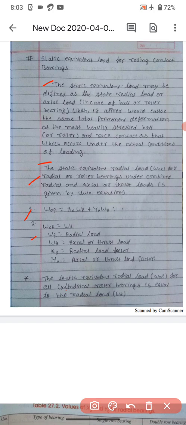And second, W naught R is equal to WR. Means you are going to equate the two equations, where WR is equal to radial load and WA is equal to axial or the thrust loading. X naught is equal to radial load factor, you may see from the data book, and Y naught is equal to axial or the thrust load factor.